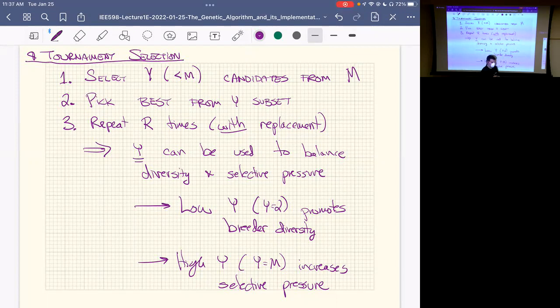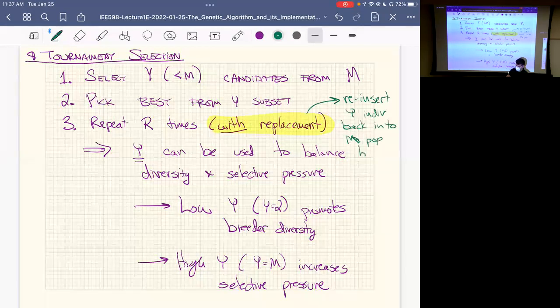There's a question online. Regarding the statement "with replacement" in the third step, I'm not fully following what is being replaced. What do I mean by with replacement? I'm saying we reinsert the Y individuals back into the M population before repeating.